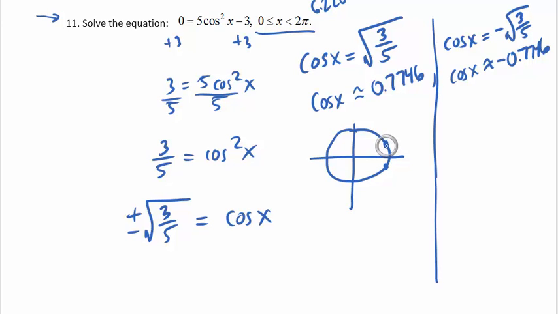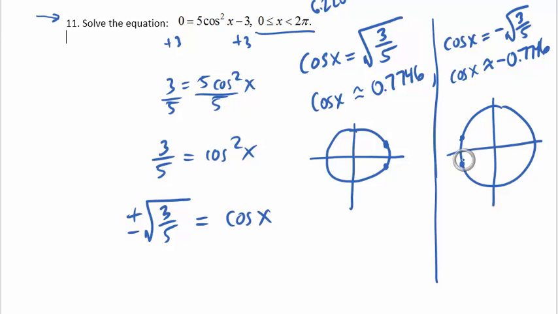So I need to find both angles for this one and that one to solve this equation. Looking over at this side here, where this is going to be equal to almost negative 1, well, that's going to be right here and right here. Again, an x-coordinate of negative 1 is right there, so we're going to be a little short of that on each side. So it looks like we're going to have 4 locations here for answers.